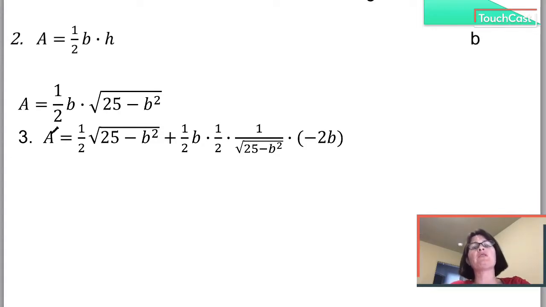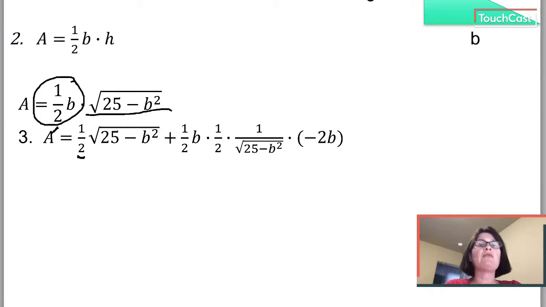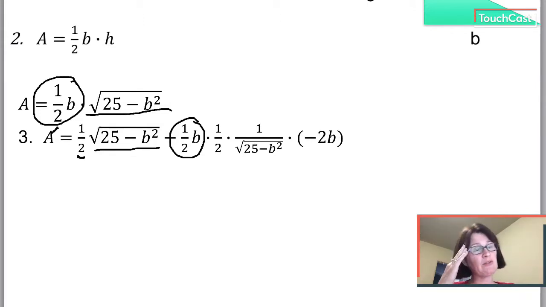So the first is 1/2 b, so it's the first times the derivative. Well, I did it the other way. So this is the derivative of the first, the 1/2, times the second, which I kept the same, plus the first, the 1/2 b, times the derivative of 25 minus b squared. I'm going to have to think of that as 25 minus b squared to the 1/2.